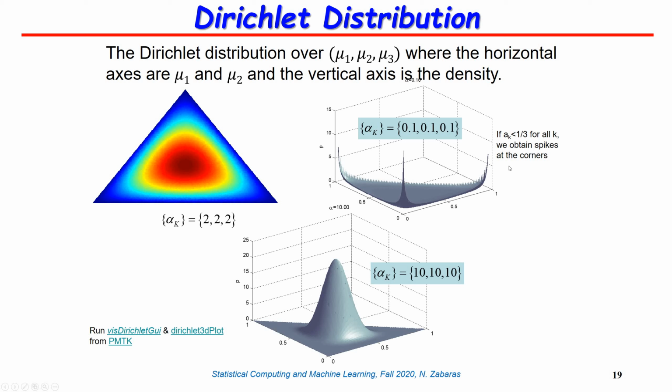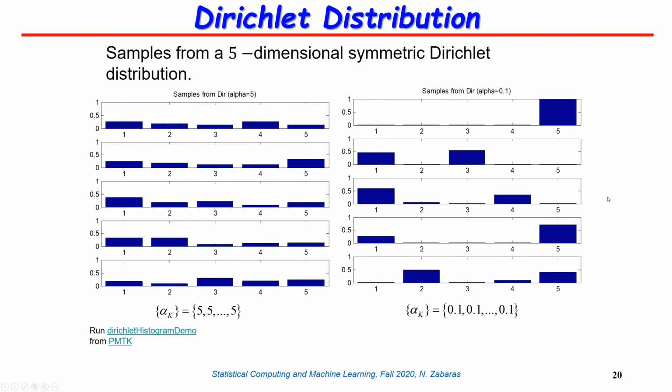And again, the same type of plots in 2 dimensions or in 3 dimensions. And then I'm going to finish with a few samples drawn from the Dirichlet distribution in 5 dimensions. So you can see here, for parameters that are all 5s, you get these samples that look like that.